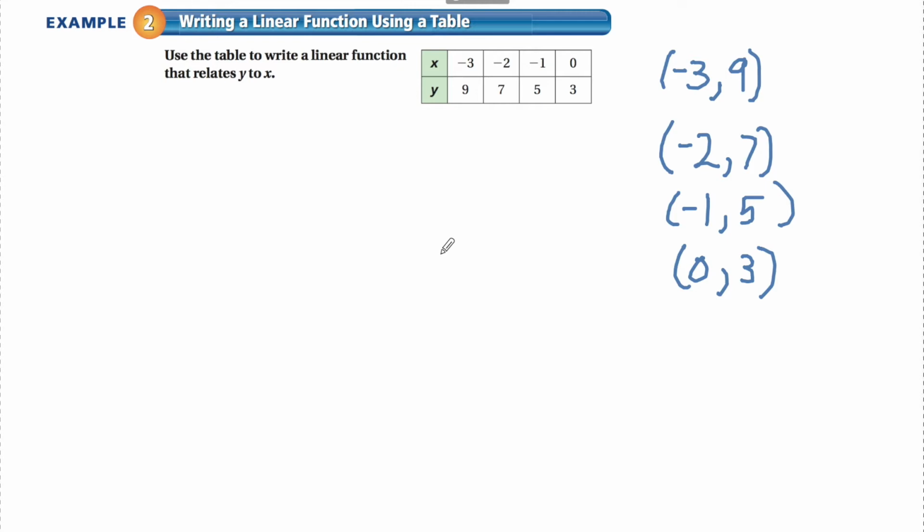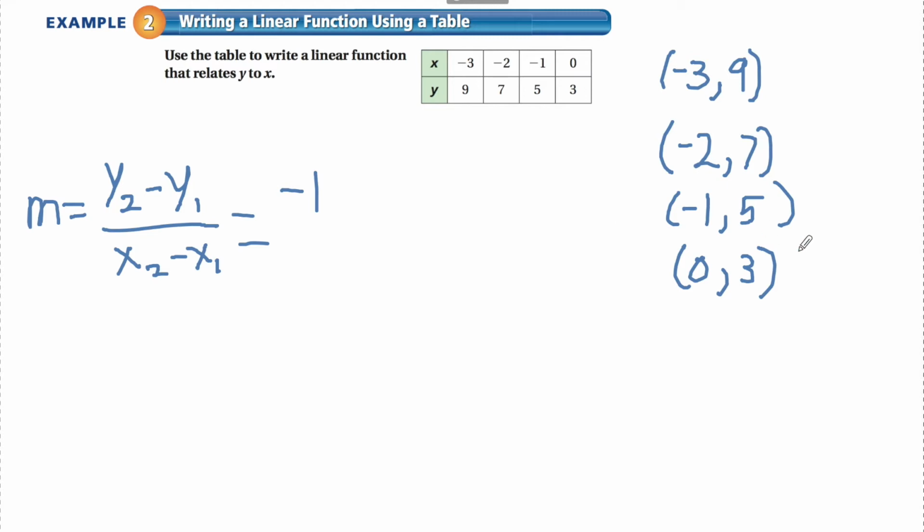Now, first thing we have to do is find our slope. It's the same thing we did in the last problem, except we're using a table now instead of a graph. First thing to do to find our slope is y2 minus y1 all over x2 minus x1. We'll pick 2 points, these bottom two. It's y's first.